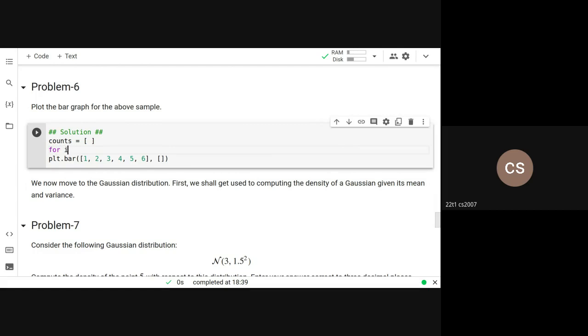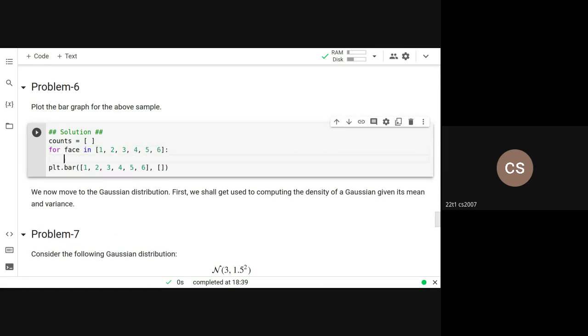I'm going to go over each face. So for face in 1, 2, 3, 4, 5, 6, these are the 6 faces. I'm going to ask this question: in what all places is x double equal to face? Remember earlier this was x double equal to 3. Now it is x double equal to face.